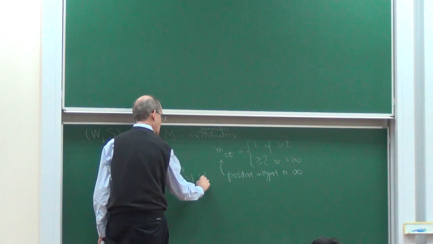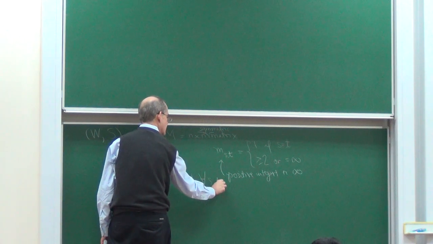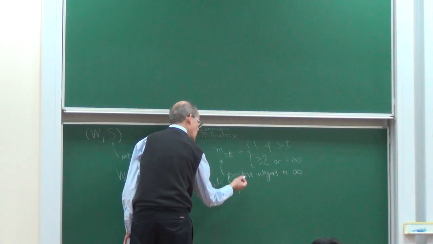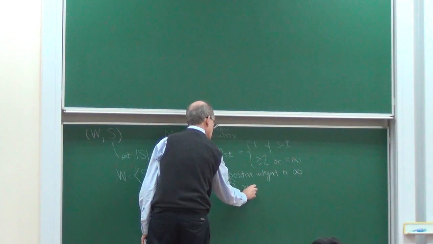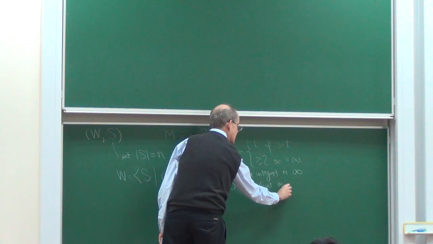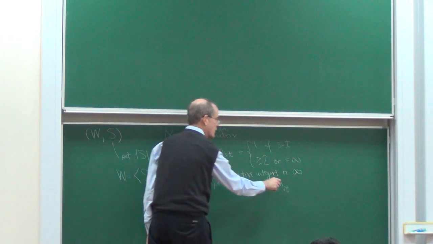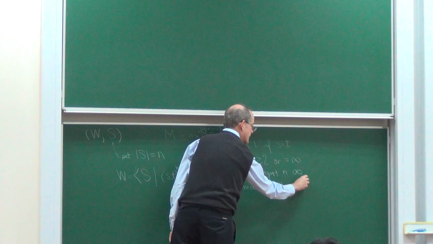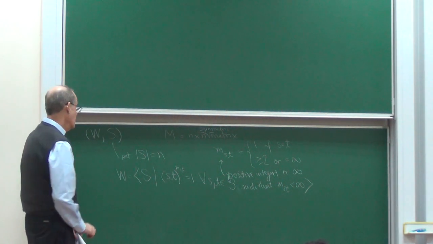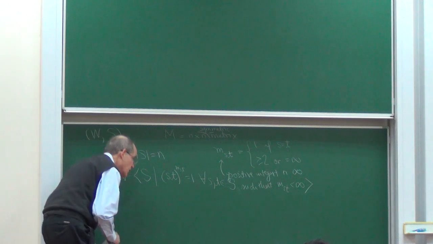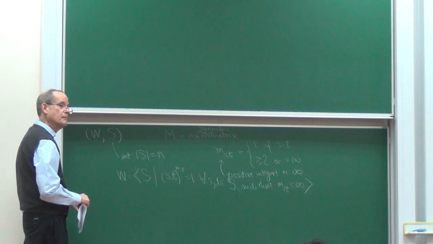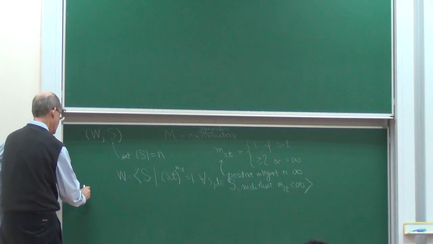This is for all elements S and T in the set S. But not for all elements, only those such that the corresponding entry in this matrix is different from infinity. This is the definition of a Coxeter group. And these Coxeter groups will play a big role for us, and they have certain basic properties. So let me make a list of these properties.